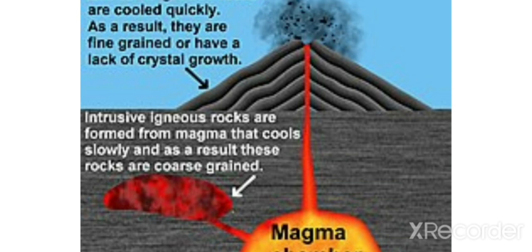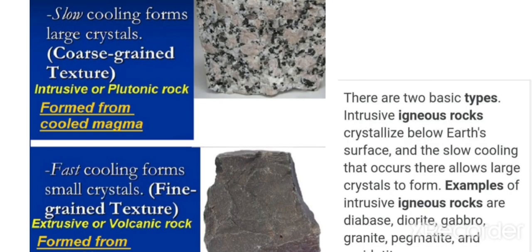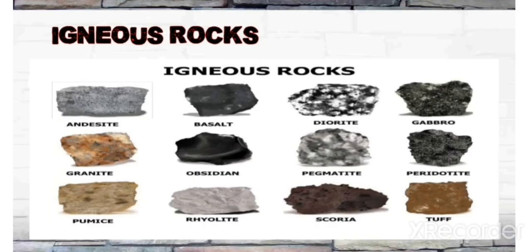So intrusive is magma that cools down under the earth's surface, while extrusive cools down on the earth's surface. And because the intrusive igneous rock takes a longer time to cool down, it forms large crystals. But the extrusive rock forms small crystals because it cools down quickly.